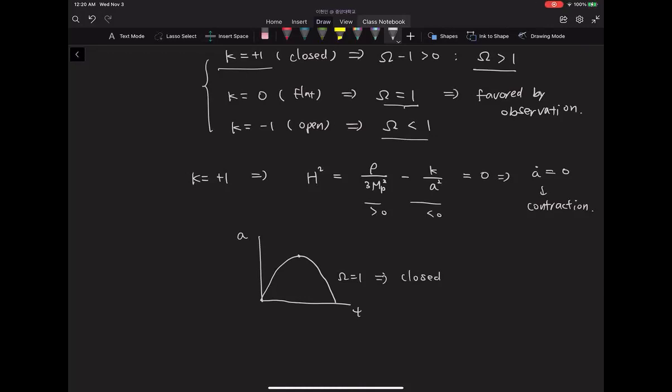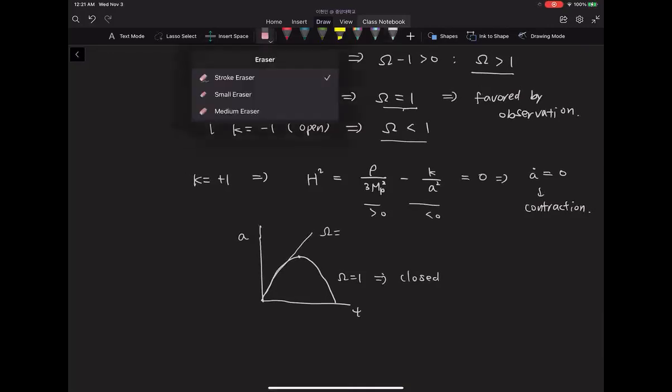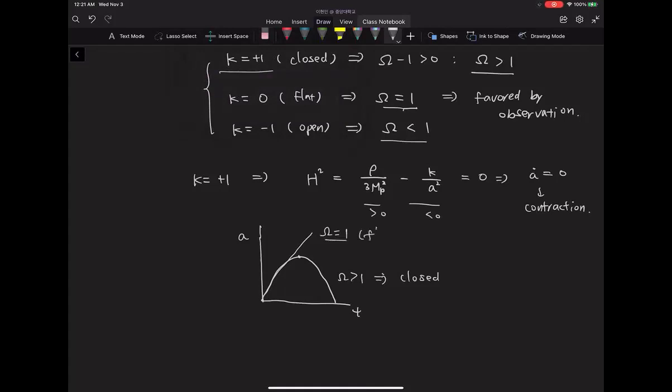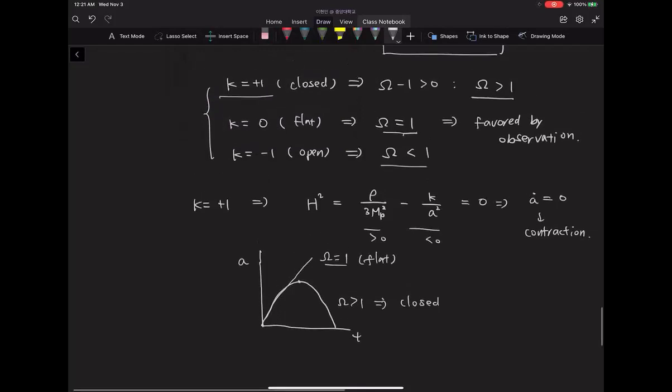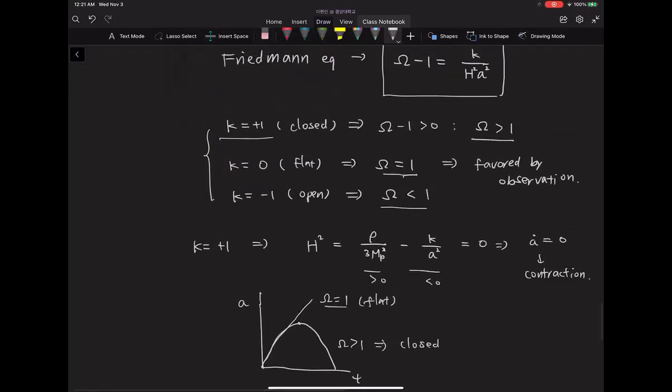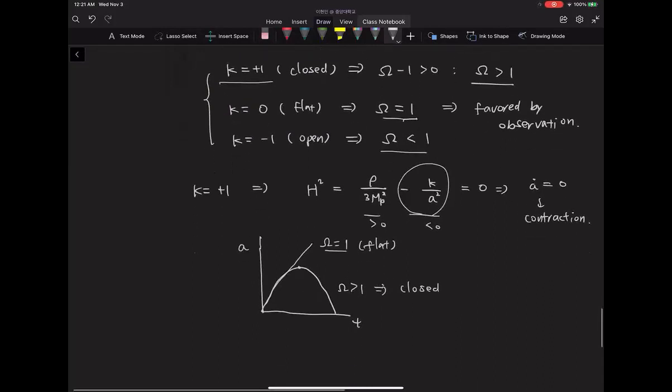So this is omega greater than 1, for the closed universe. Omega equal to 1 is the flat universe. If k equal to 0, then the second term vanishes, and the scale factor keeps increasing.